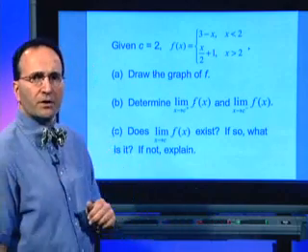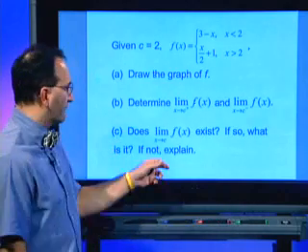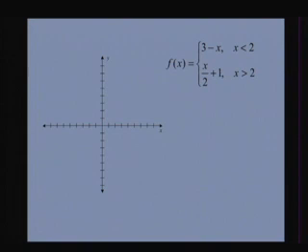So the first thing we're going to do is draw the graph. So let's take this part here and graph it. We know that the y-intercept is 3 and that the slope is -1. So we would draw a line that goes through those 2 points. And when it comes down, there's going to be an open circle at 2 because we have x is less than 2.